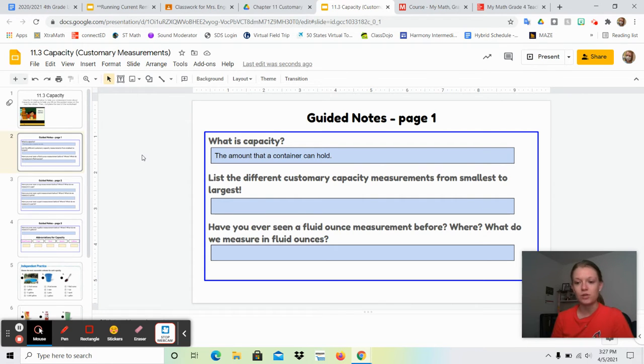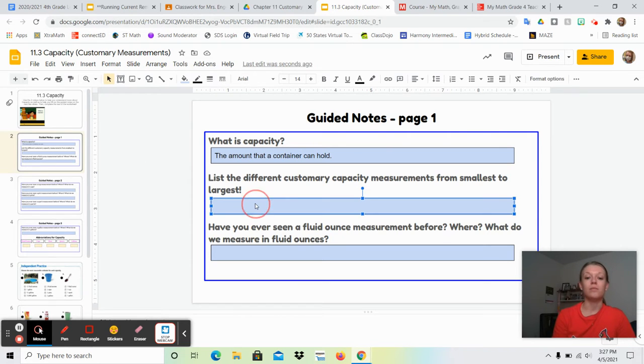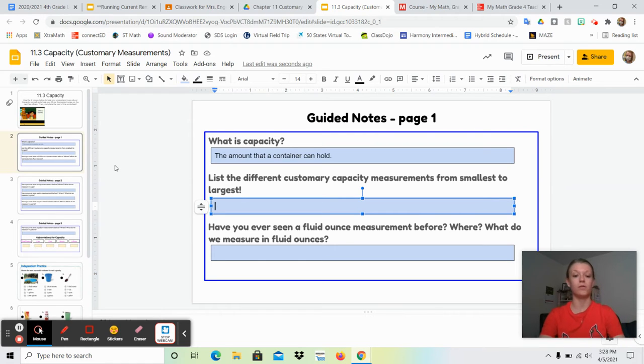And so I'm going to be showing you some items today that'll kind of help us figure this out. So our units that we have for capacity, from smallest to largest, are fluid ounces. Then we have cups, pints, quarts, and gallons.